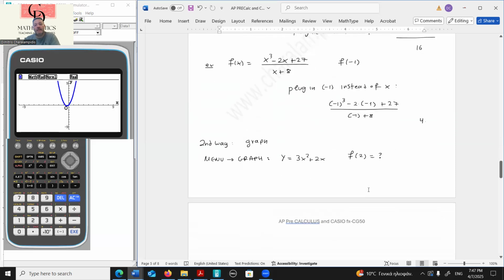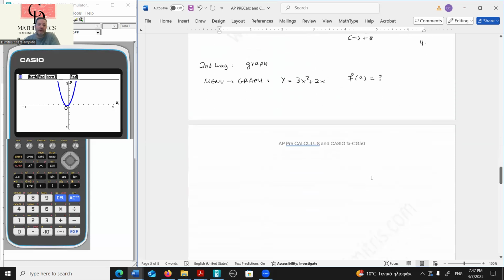For that, there are two ways. We can use trace, which is activated by F1. If I click the F1 button, you see the cross appear on the graph.